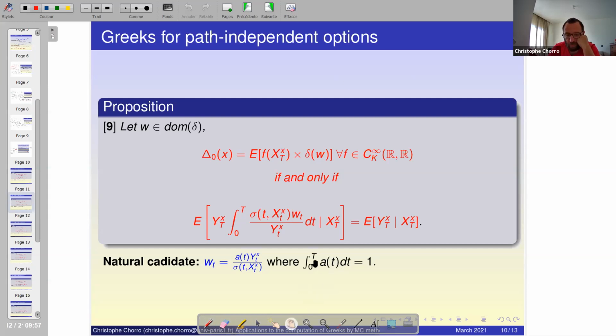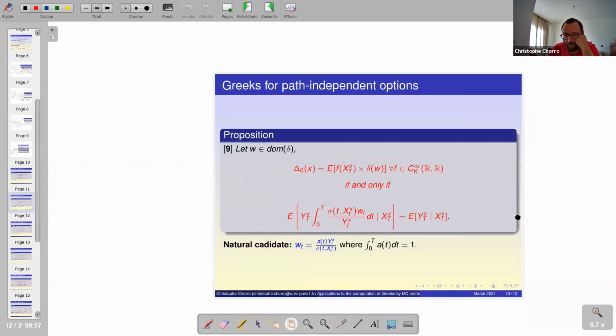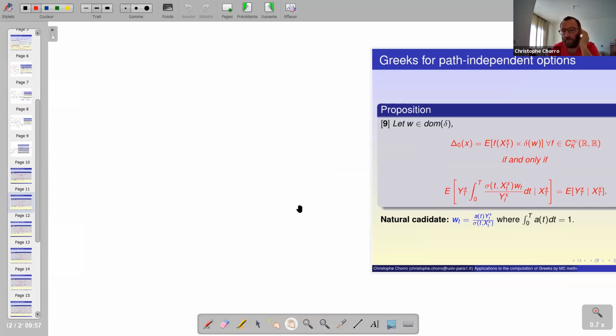So what is the meaning of this proposition? This proposition tells you the following. Keep in mind that I want to obtain for the delta an expression of the form of the expectation of the payoff multiplied by pi, the weight. And I said that I will be able to take the weight as the squared integral of W, where W is in the domain of the squared integral, if and only if W fulfills this condition.